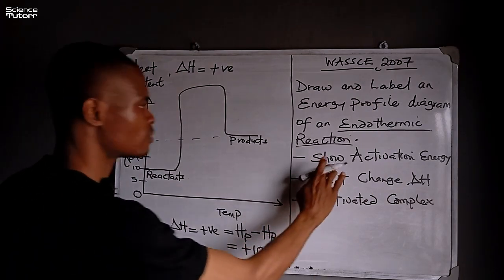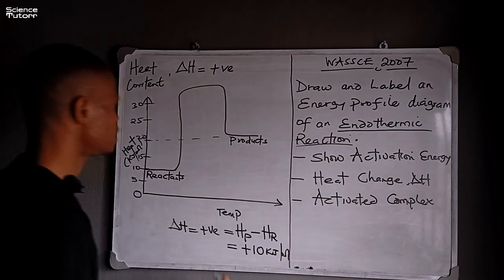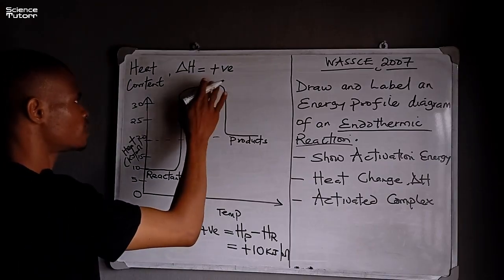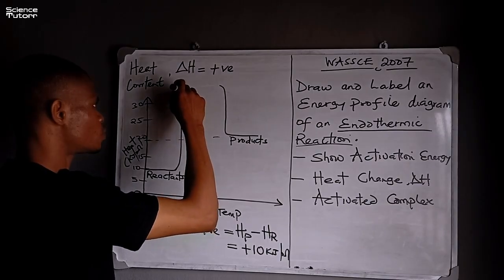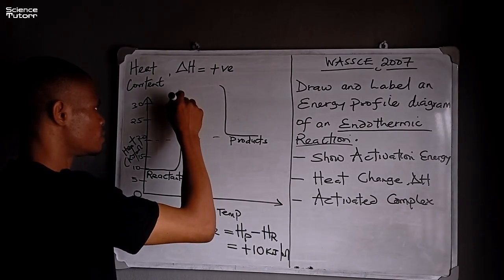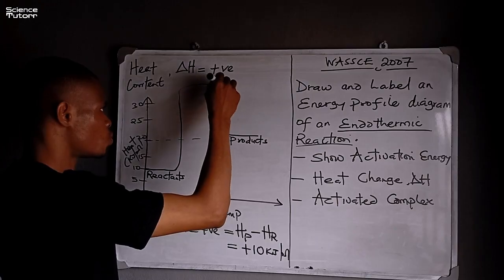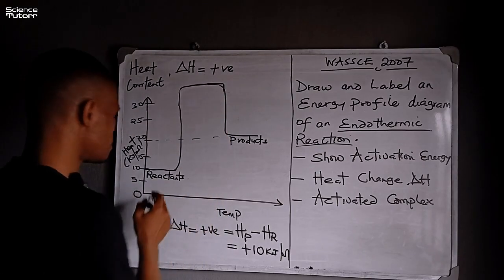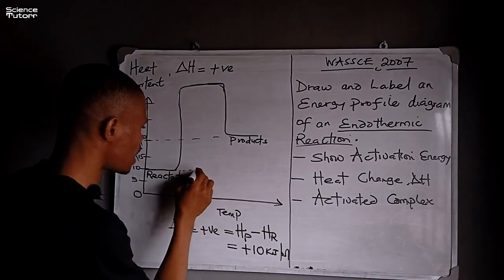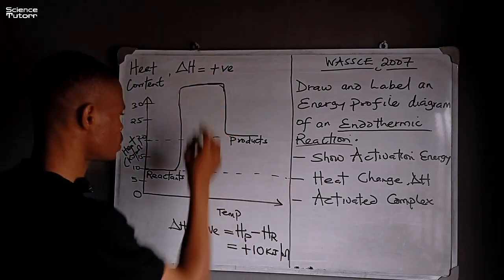Now, how do we identify the activation energy? Don't forget, the activation energy is the energy required for collision to exist, for a reaction to take place. The activation energy is from reactants up to the top.